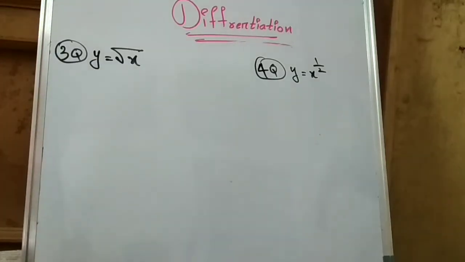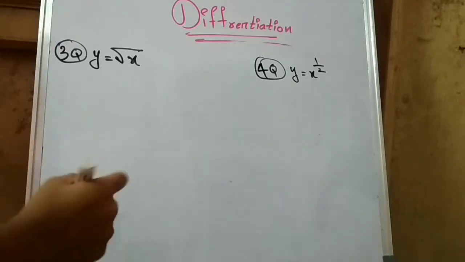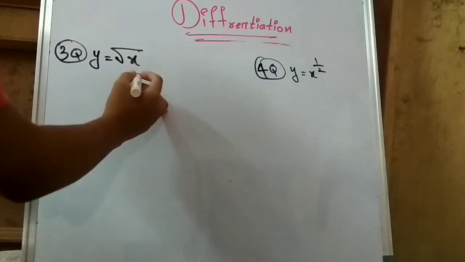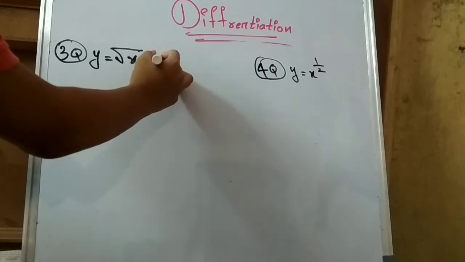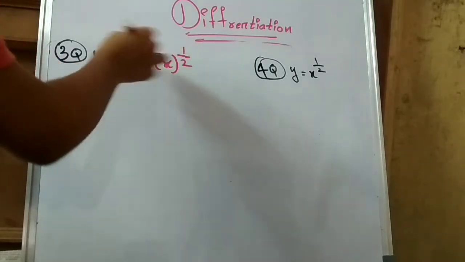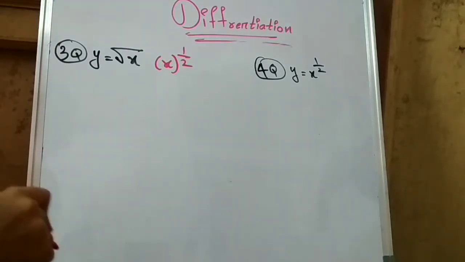Now let's solve this. y equals root x. Root x we know can be written as x to the power of half, so we write x to the power of 1 by 2.